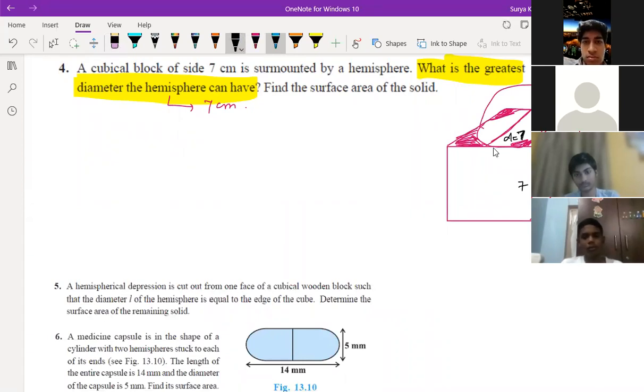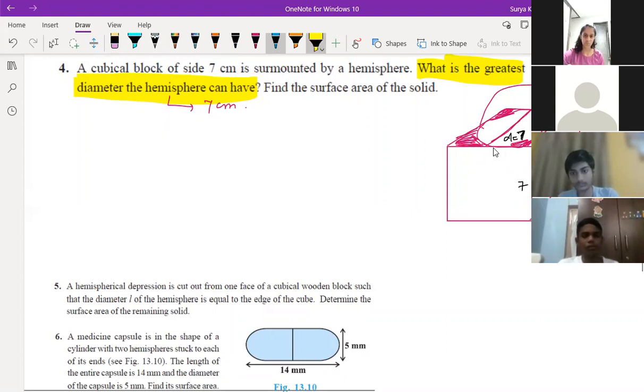See, I'm just telling you what to do. Here we have to find the surface area of the solid. So first of all, children, you should think which all parts you can touch. You can touch this part, this part, and this part in the corner.